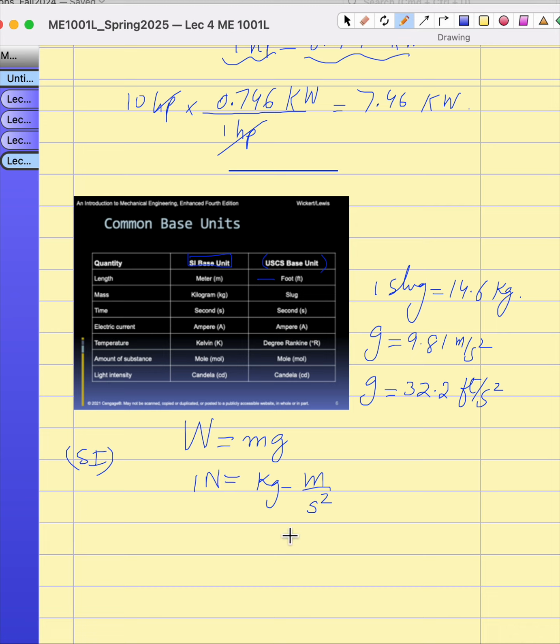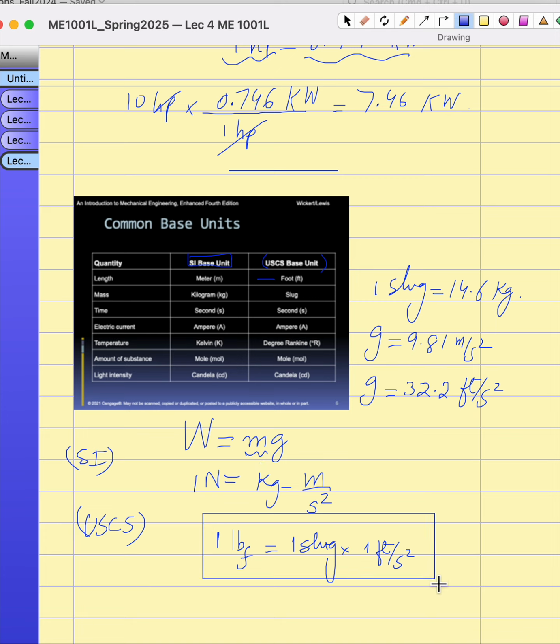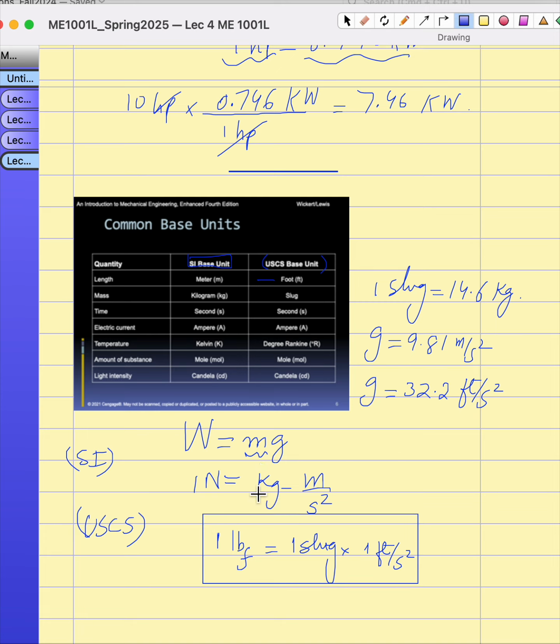These are the derived units of force. In the USCS system, 1 pound force equals the mass of 1 slug times gravity of 1 foot per second squared. So this is W: 1 pound force equals 1 slug foot per second squared.